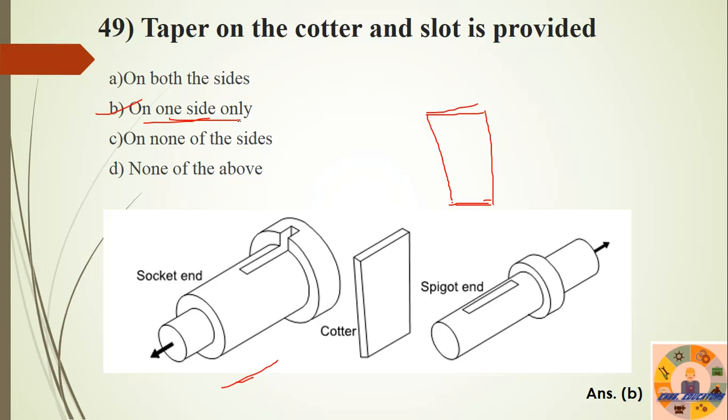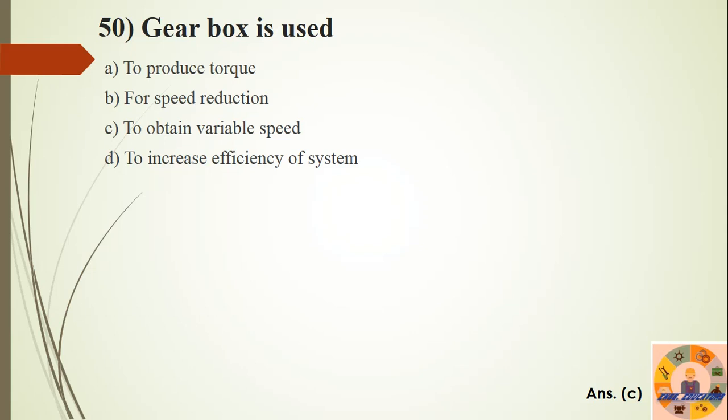So the right option for this question will be option B. Next question is, the gearbox is used, and the options are A, to produce torque, option B, for speed reduction, option C, to obtain variable speed, and option D, to increase efficiency of the system. And the right answer for this question is option C, to obtain variable speed.